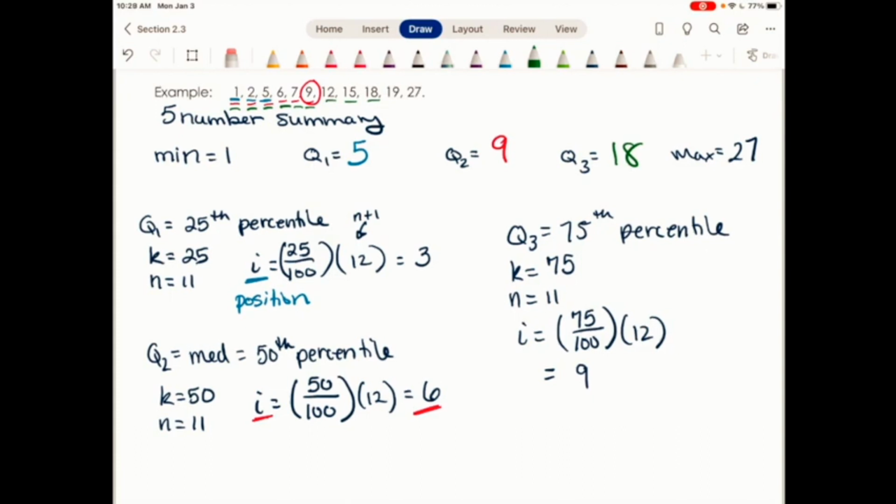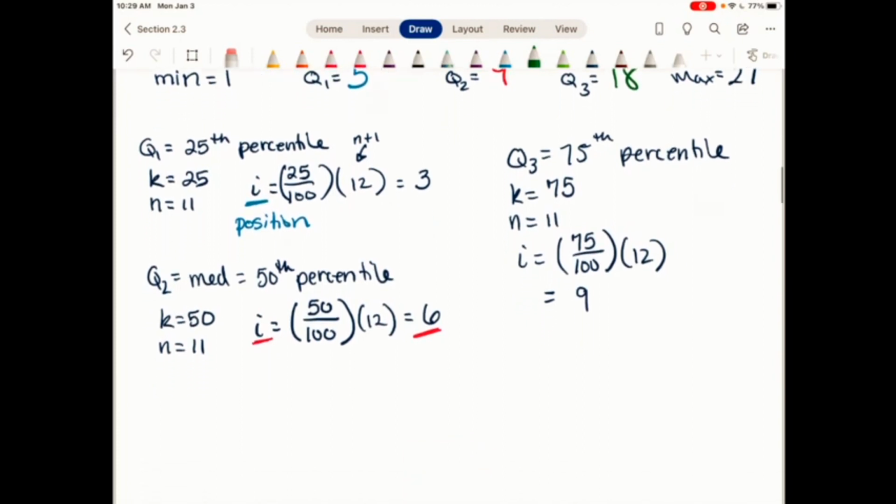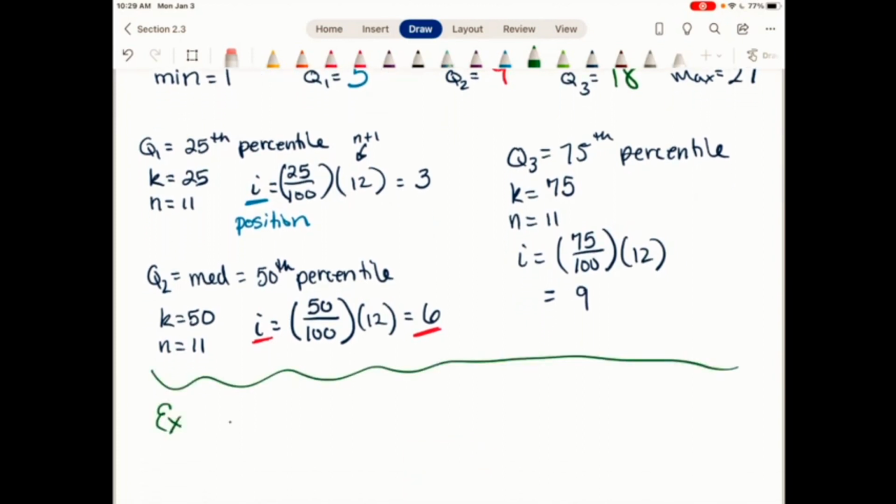Now, in this example, the value for the position came out to be a whole number. If it came out to be a partial number, like 3.5, then what you want to do is find the average of the two values that fall on either side of the position. So, for example, let's say the position came out to be 3.5.